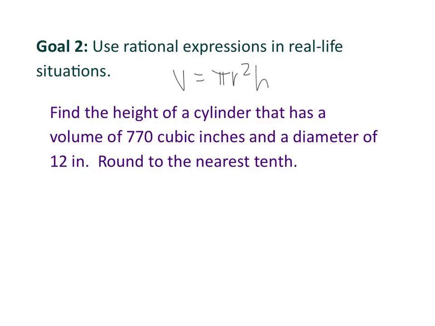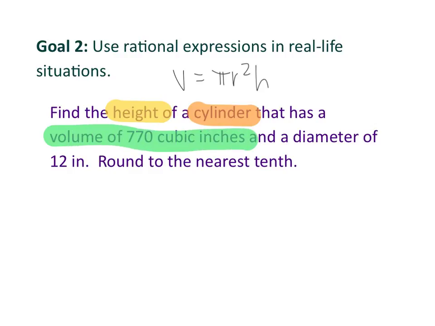So just to recap and look at what we need to figure out here, find the height of a cylinder that has a volume of 770 cubic inches and a diameter of 12 inches. So all of that information we will need. So let's look at what we have here and what we can plug in for what we know.